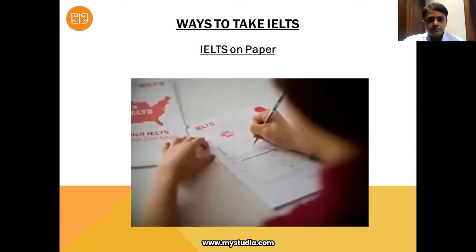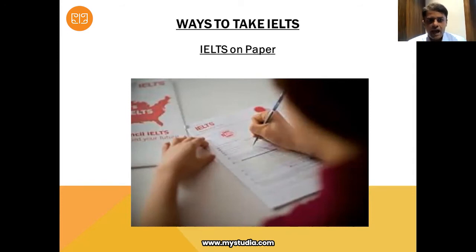There are two types of IELTS examination taken these days. One is IELTS on paper and the second is IELTS on computer. What happens in IELTS on paper? This test requires the candidates to sit at a desk with the question papers and the answer sheets for the reading, listening, and writing tests.